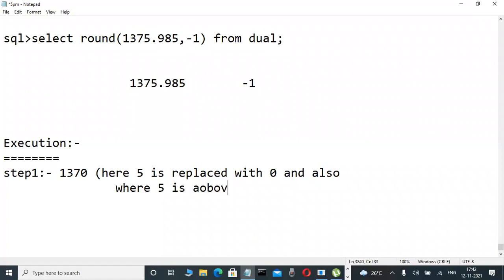Here 5 is above 50%. Out of 10, above means greater than or equal to. Okay, greater than or equal to, not above. Out of 10, 5 is greater than or equal to 50%, yes. That's why 5 is above 50%, out of 10 for a 1-digit position. Now step 2: above 50% means 1 is added to the rounded number.